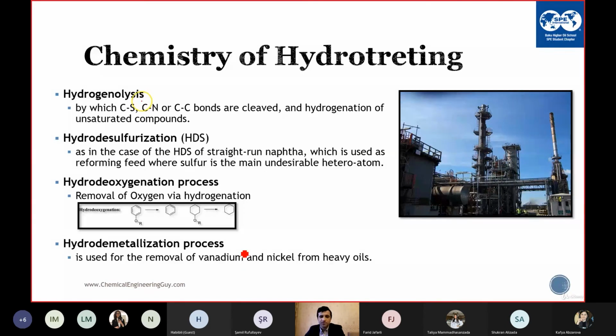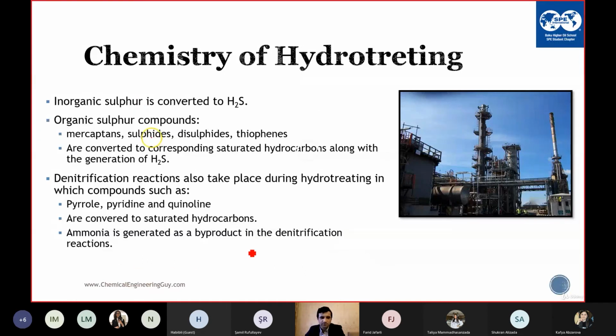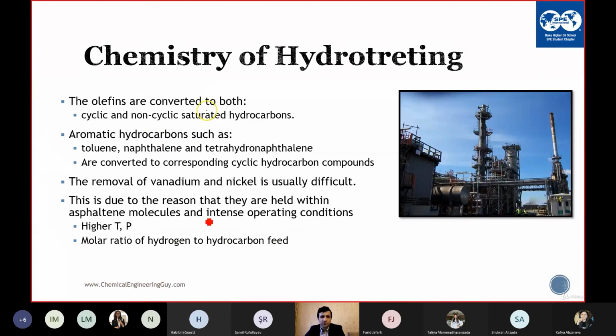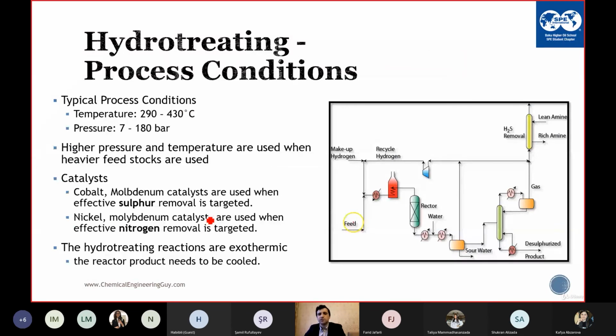But as I said, metals mostly deposit on the catalyst. Inorganic sulfur is converted to H2S. The organic sulfur compounds are these ones, and unsaturation reactions also take place during hydrotreating. I would like to skip this one, and now let's talk about the hydrotreating process conditions.